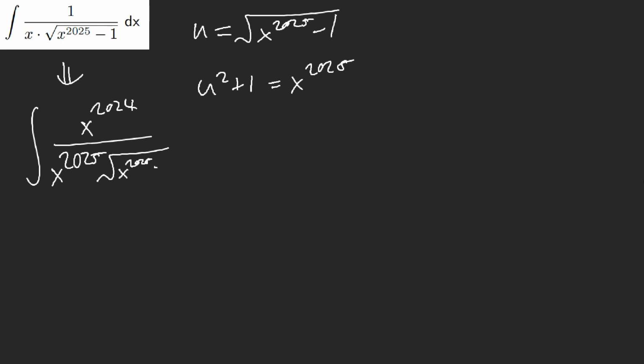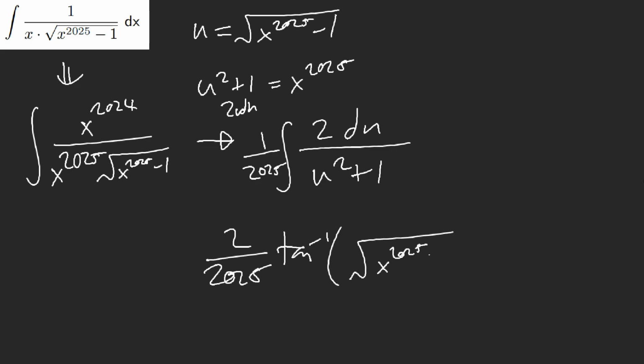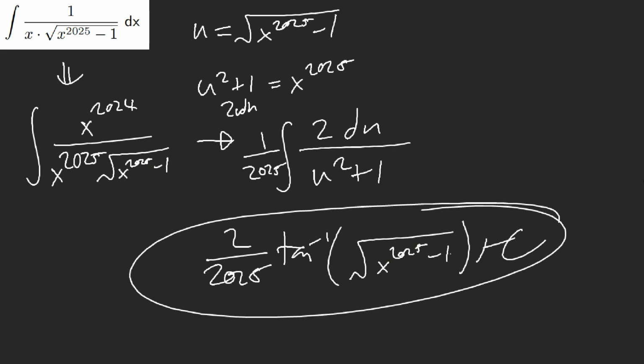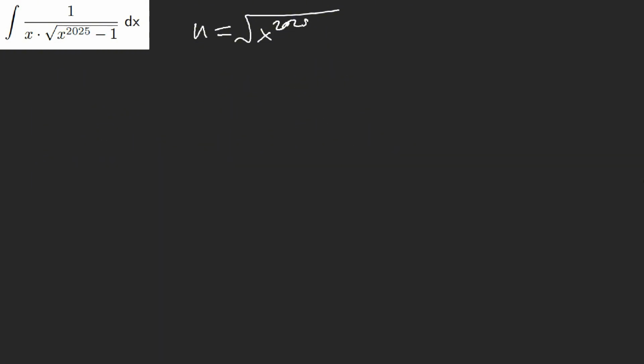This is where it comes from. And so with this u substitution, that's how this answer comes from. You get this, and you get inverse tangent of this. Okay. However, I like to do the inverse secant. It's just a lot faster for me.